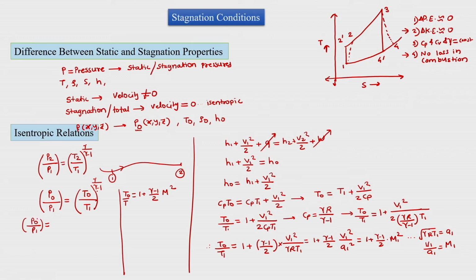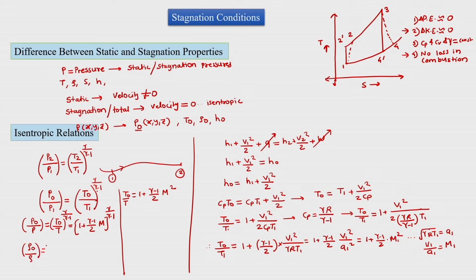So P naught upon P is equal to (T naught upon T) raised to gamma upon gamma minus 1, which is equal to (1 plus (gamma minus 1)/2 M square) raised to gamma upon gamma minus 1.